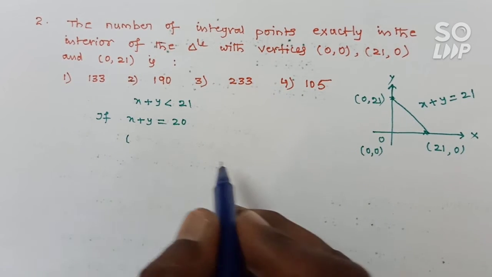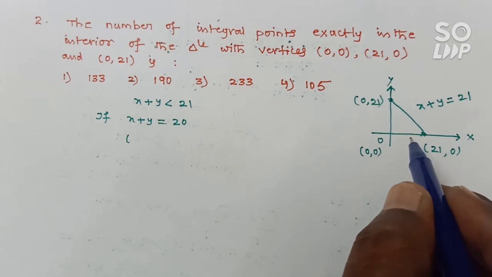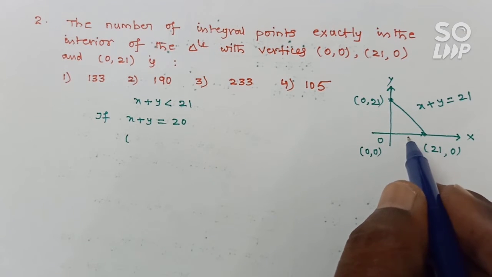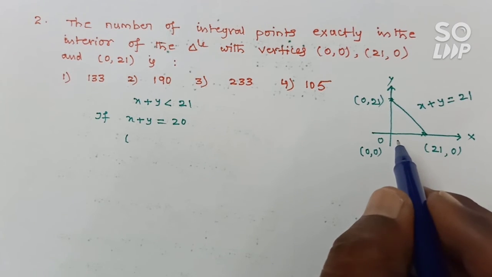Suppose you take (0, 20): that point lies on the triangle, so neither the x value nor the y value should be 0.